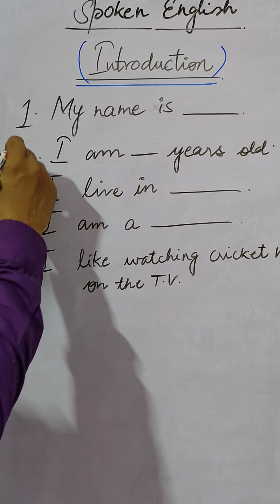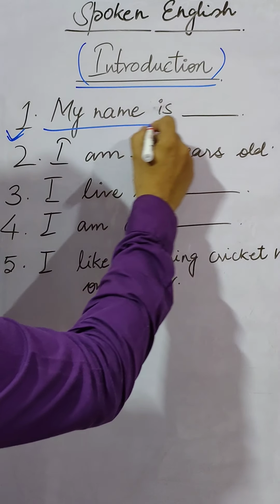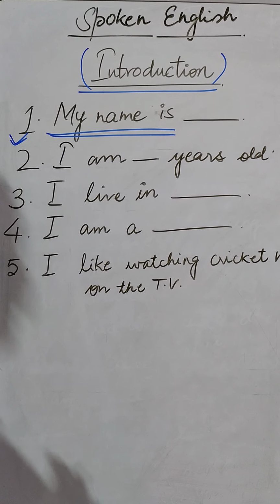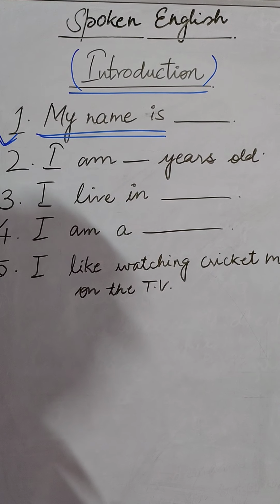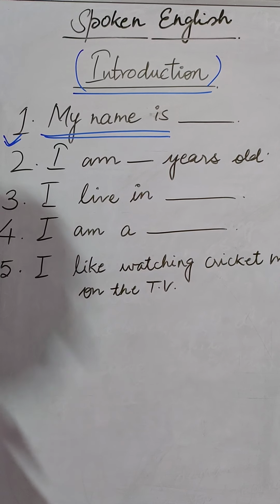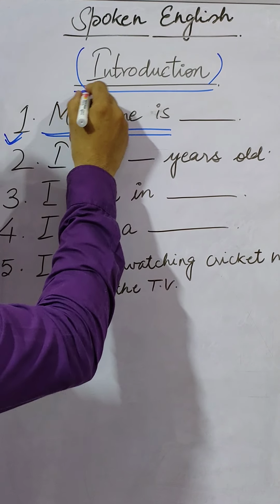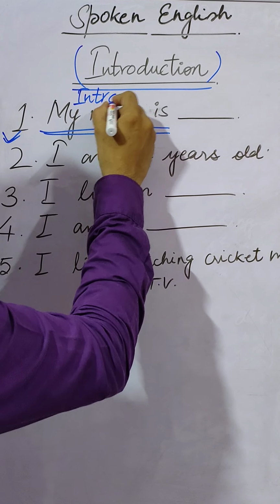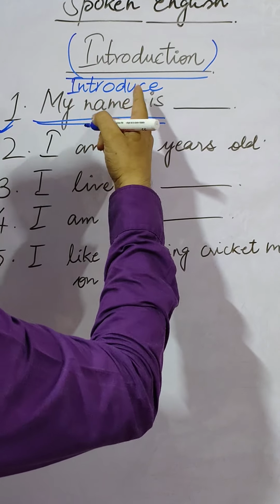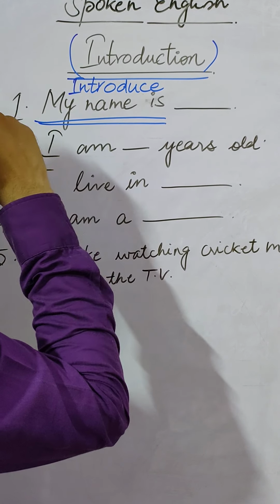The first sentence you have to know is "my name is." It's like the most common sentence in the world. So you start with this. What is your name? And you say my name is this, or introduce yourself. So the question generally begins with "introduce yourself." If you go for any call center jobs also, they ask this question first.